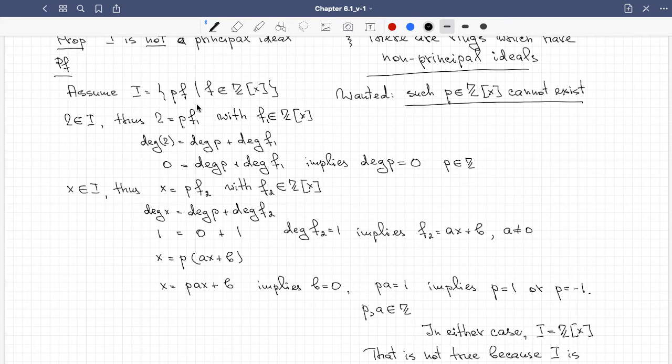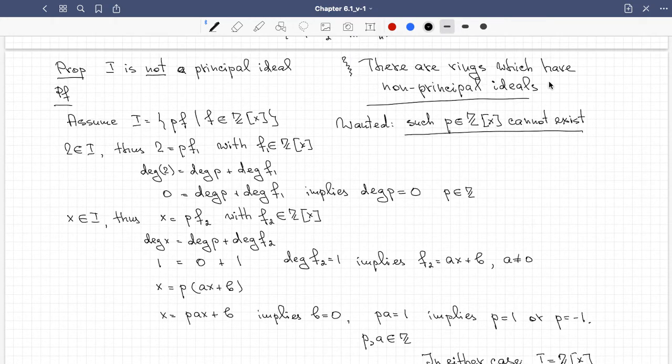We found that if it exists, then it must be 1 or negative 1, but it cannot be 1 or negative 1 because both give us the wrong I. So it does not exist, and we conclude that not every ideal is principal. There are rings, this one in particular, which have ideals which are not principal.